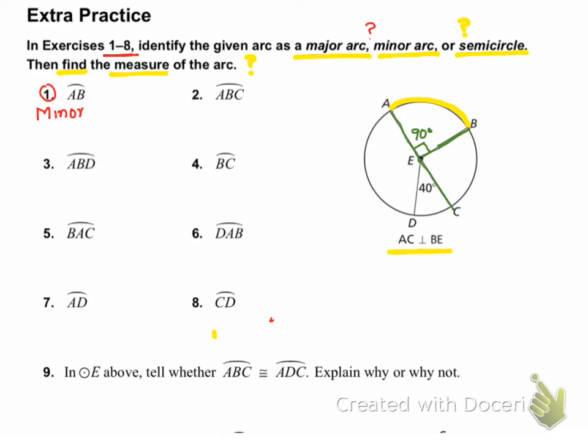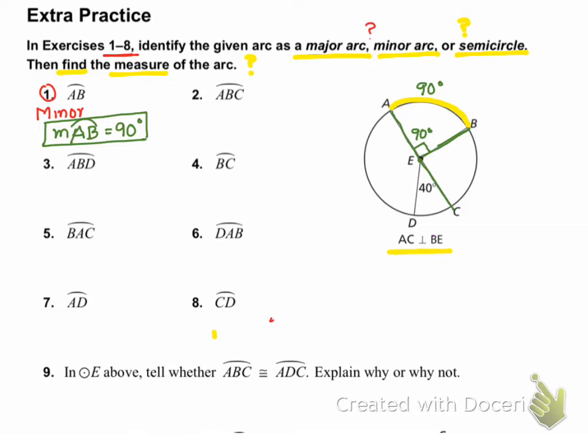If the central angle is 90 degrees, then this arc measure is also 90 degrees. So we can say the measure of arc AB is equal to 90 degrees.